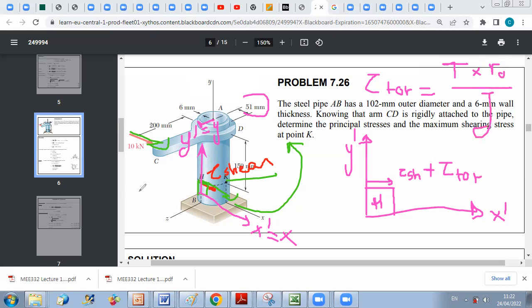If I take this section, let's say this is O, I get the polar moment about O, which for an annulus cross section is equal to pi times r outer squared minus r inner squared, over 2.